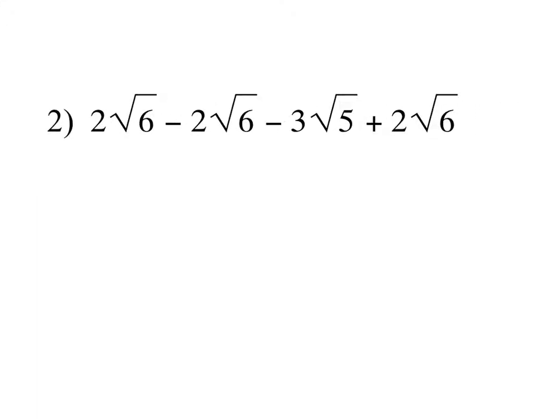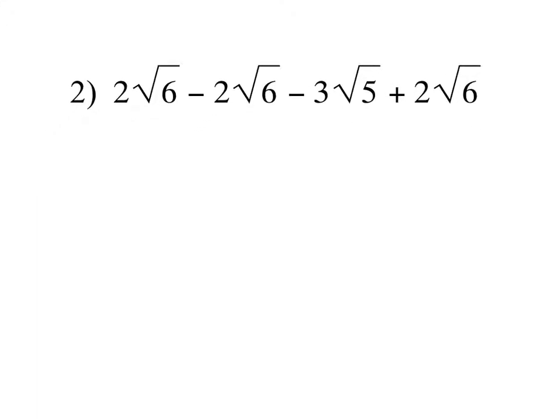Second example. Now, in the second example, you'll notice that we have a couple different things. We've got some addition and some subtraction in the same problem. I've got 2 square root of 6 minus 2 square root of 6 minus 3 square root of 5 plus 2 square root of 6. So essentially, this is very similar to combining like terms, and what I need to do is find my like terms.